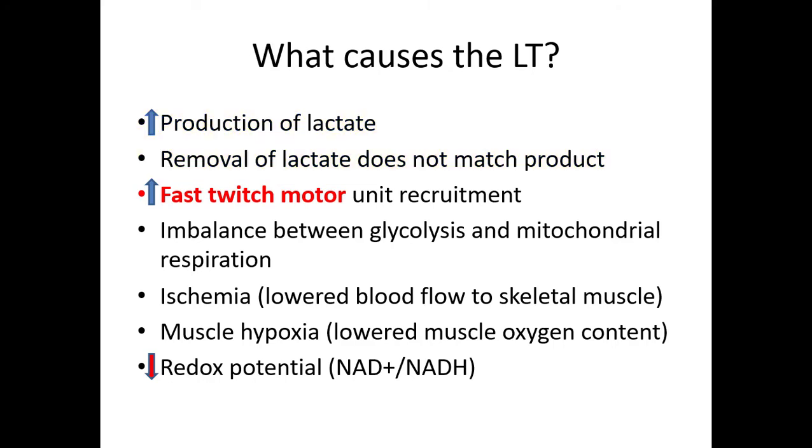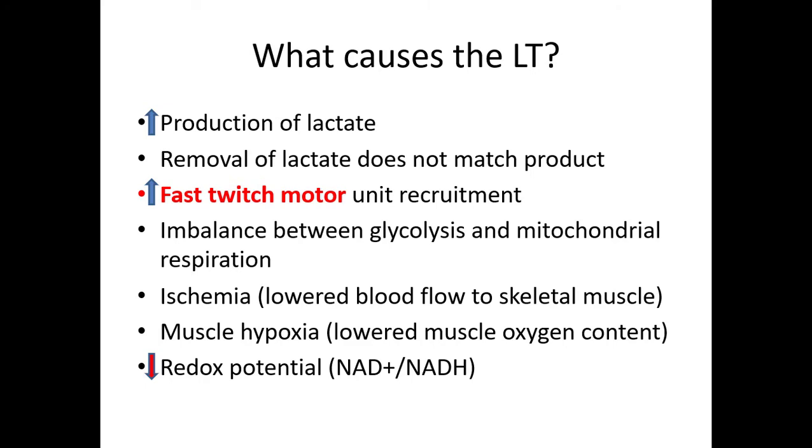Increased fast twitch motor unit recruitment causes the lactate threshold. Fast twitch muscle fiber has fewer mitochondria, so if we recruit fast twitch muscle fiber, it can release more lactate. An imbalance between glycolysis and mitochondrial respiration also makes sense.